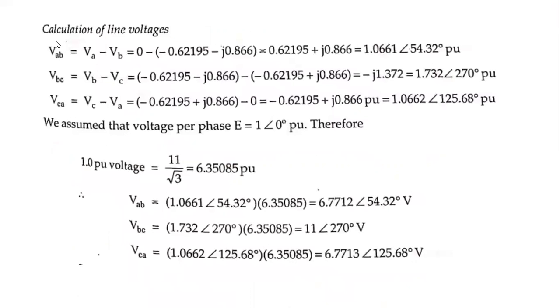Next, we calculate the line voltages. What is the line voltage? That is VAB, VBC and VCA. What is the VAB formula? VAB is equal to VA minus VB.